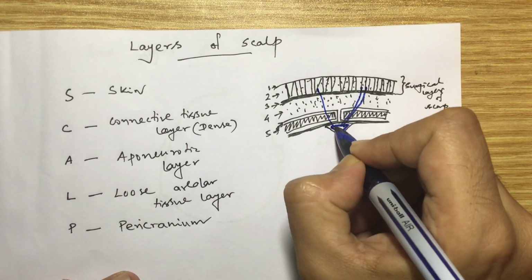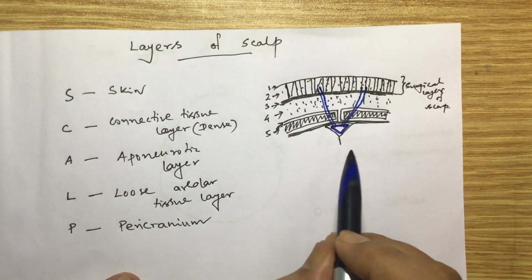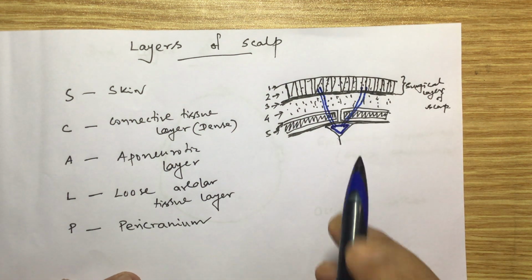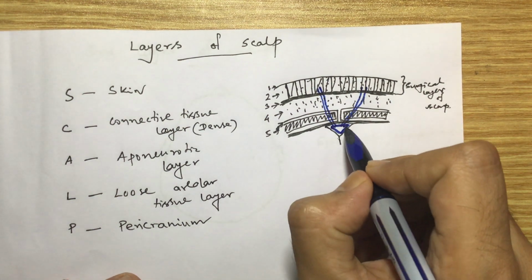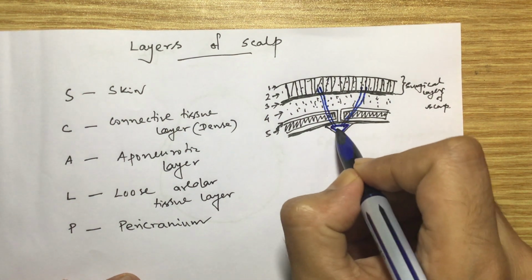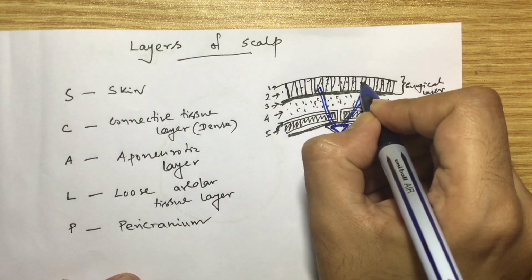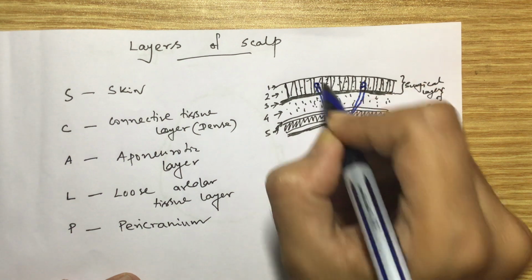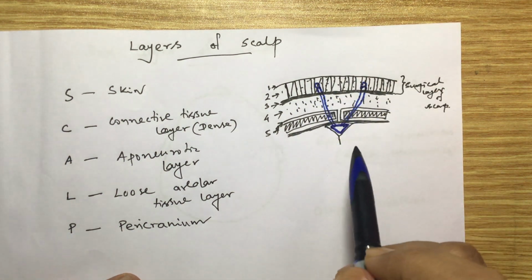These are the emissary veins, small thin-walled valveless veins. The word emissary means spy. Basically, they extend from the interdural venous sinus to the veins present in the second layer, that is the connective tissue layer.